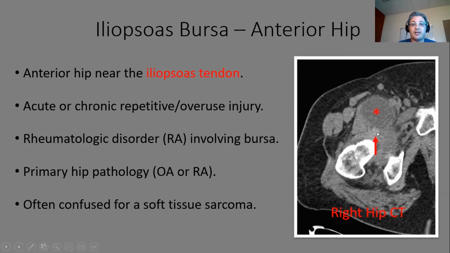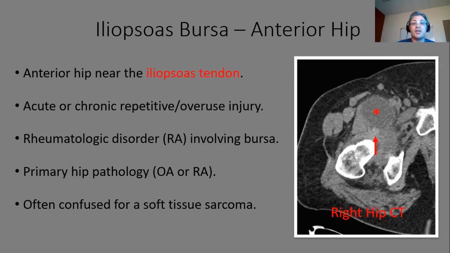Pathologically, we know that this bursa can certainly occur from acute and or chronic repetitive injury to the soft tissues of the anterior hip, or may be a manifestation of primary hip pathology, as a segment of the population has communication between this bursa and the hip joint.